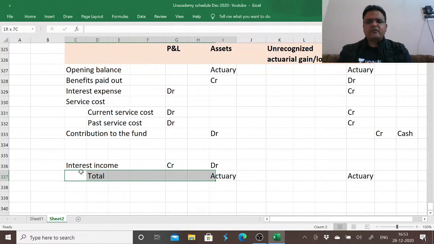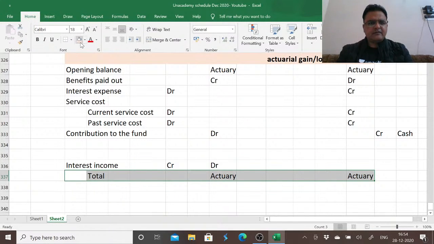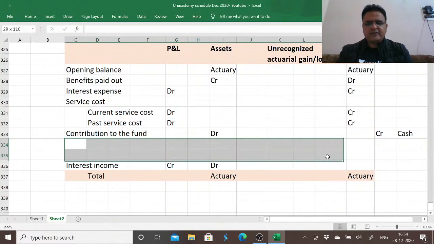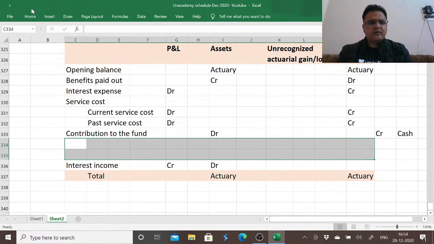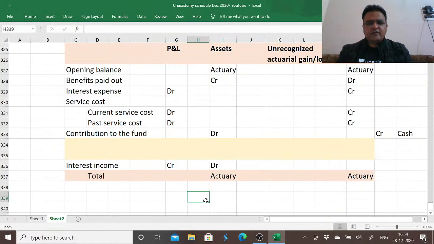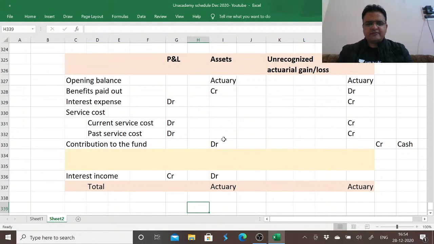So if you noticed, we could account for the items for the year, but there is still one amount which can go unnoticed, which is unrecognized actuarial gain and loss. So when we total the balance, when we total the debit of the assets, this is a debit balance, reduce it with the benefit paid out, increase it with the contribution paid to the fund, increase it with interest income.